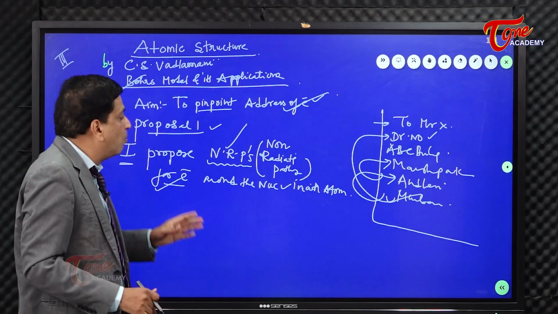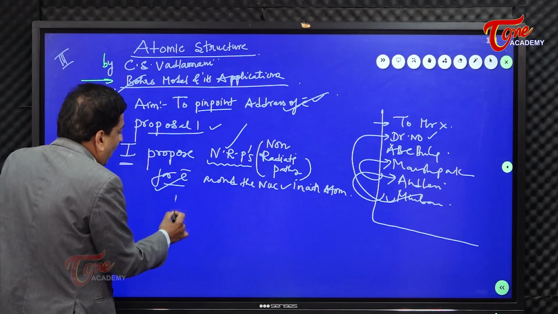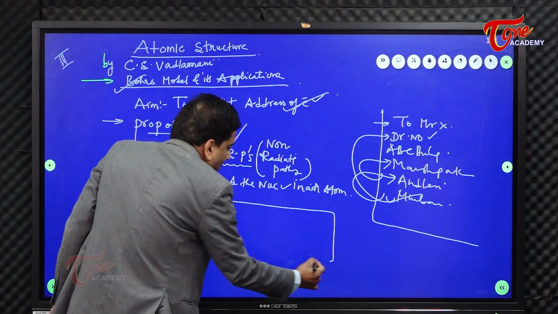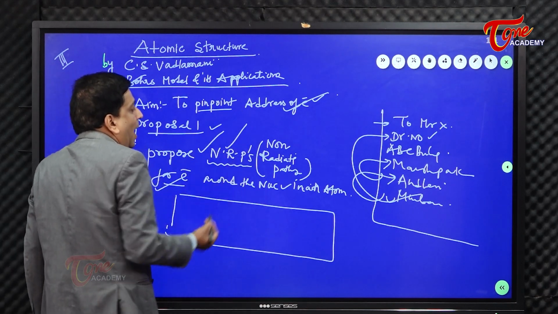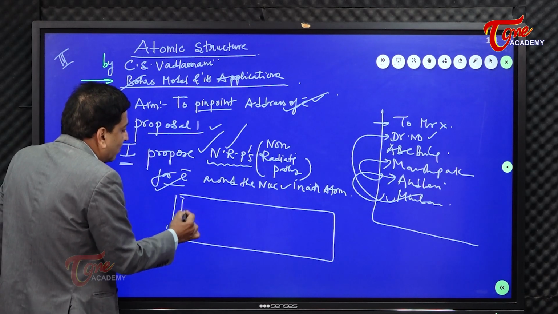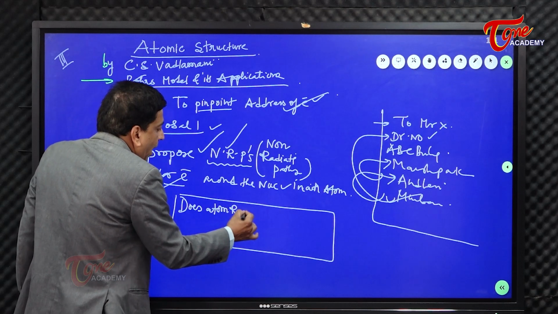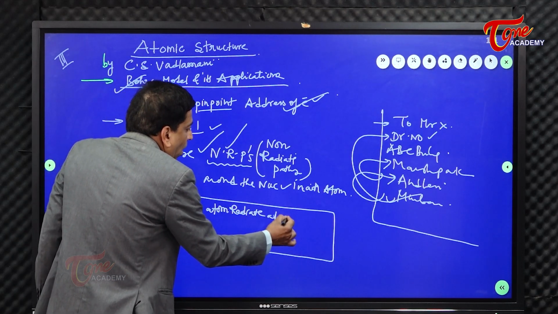The basic question, the first question people asked the moment he proposed this, and I want to highlight this, the question that arises when you propose non-radiating paths is this: does the atom radiate at all?